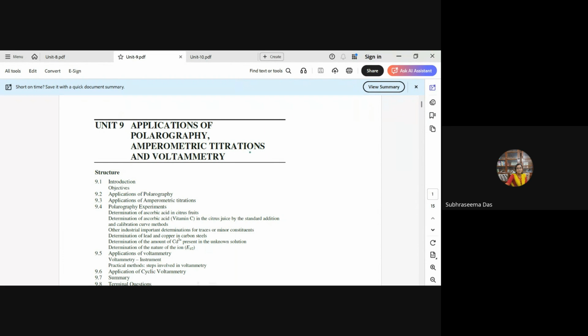So this is coming to the applications of polarography, amperometric titrations, and voltammetry.